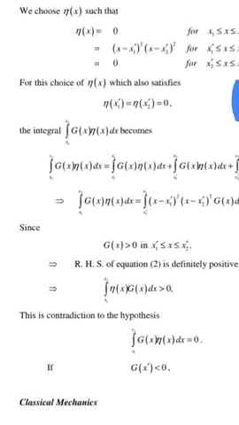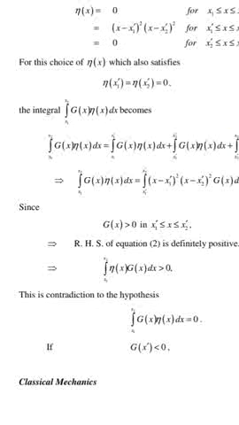This choice of eta of x also satisfies that eta of x1 dash is equal to eta of x2 dash is equal to 0.